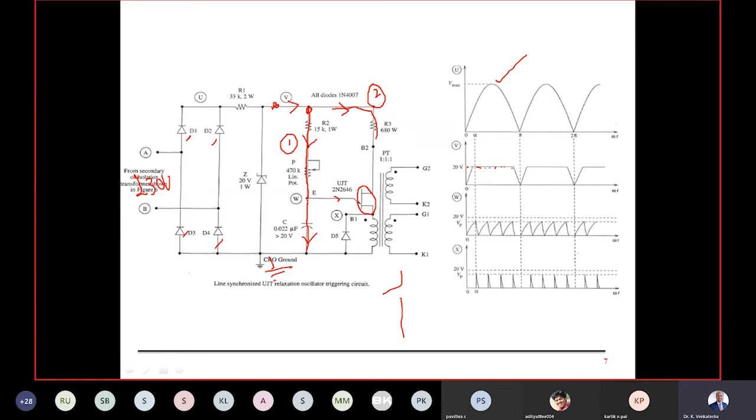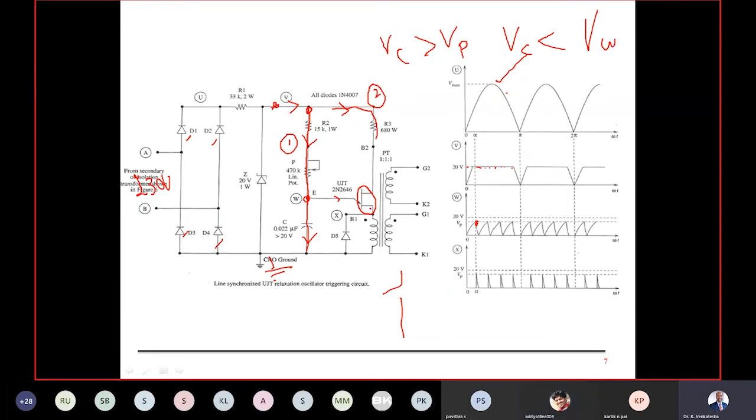Now, tell me, continuation. When the capacitor voltage is more than a particular value, the UJT will be switched on. So the capacitor charges. No, reverse.